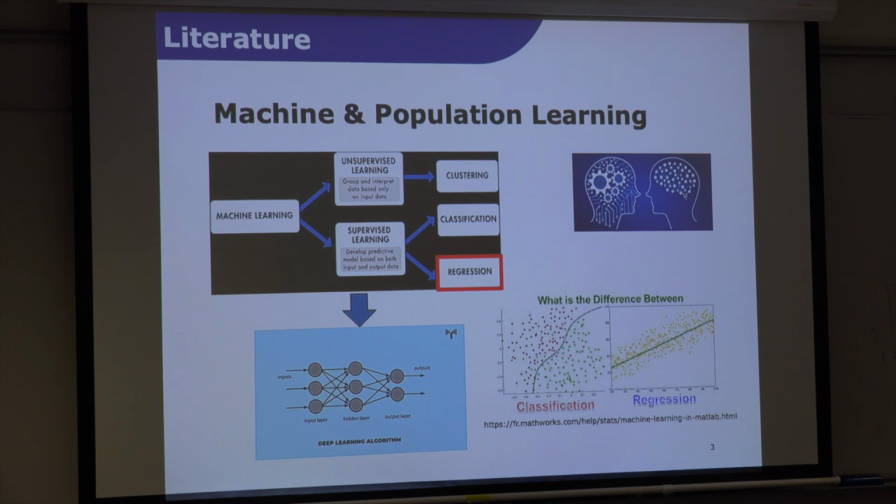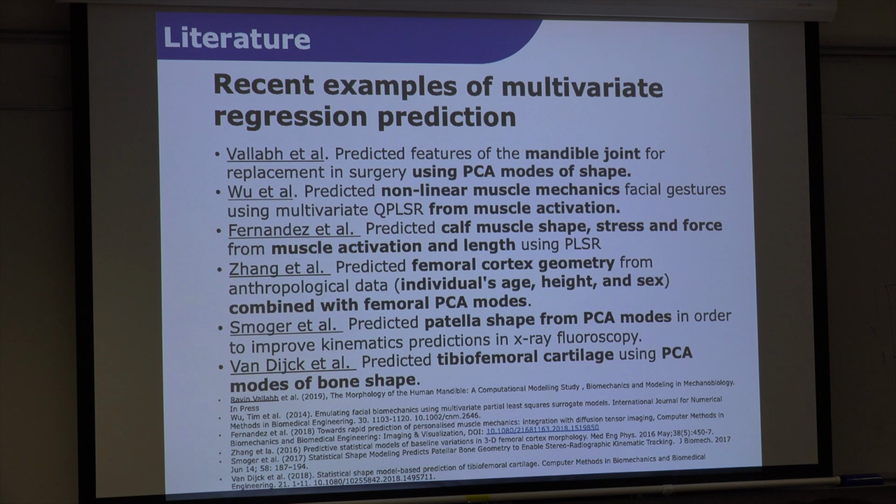There are other algorithms such as deep learning or convolutional neural networks, but these algorithms are more complex. They're more useful for large data sets with multi-layered complex data structures, and we didn't use them.